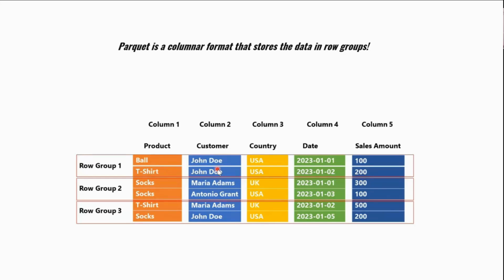So how was the engine able to identify without actually scanning that this row group does not contain Maria Adams? It is because in Parquet file, the row groups are preserved with metadata.